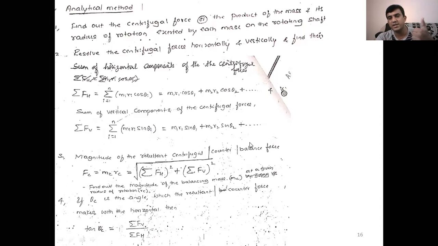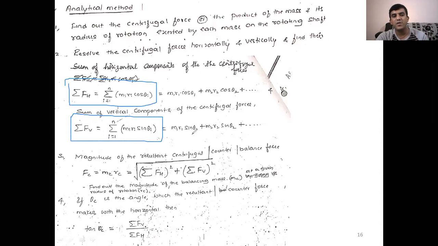First, find the centrifugal force, or the product of mass and radius. Second, resolve the centrifugal force horizontally and vertically using the general formulas: the vector sum of all the forces acting in the horizontal direction is equal to this equation, and similarly the vector sum of all the forces acting in the vertical direction is equal to this formula.